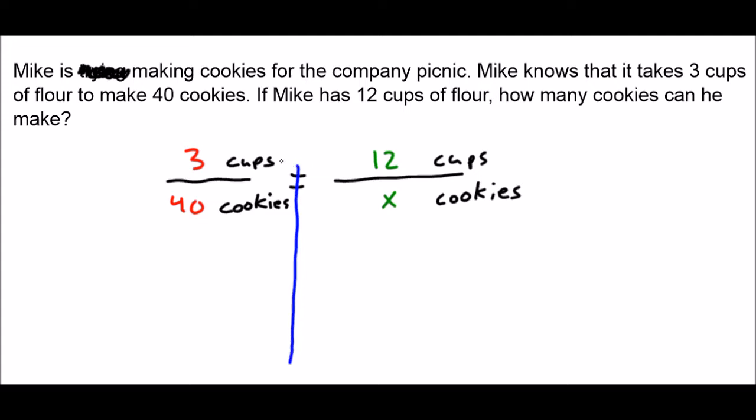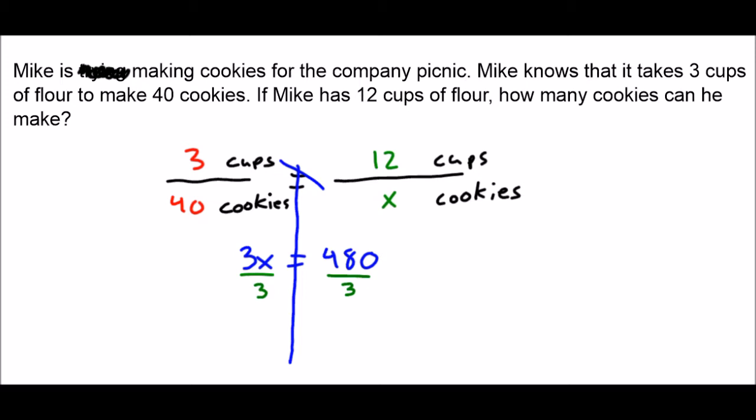So I'm going to draw my brick wall and cross multiply. 3 times x, 3x, equals 12 times 40. Let's see, that would be 480. And finishing, divide by 3, divide by 3.